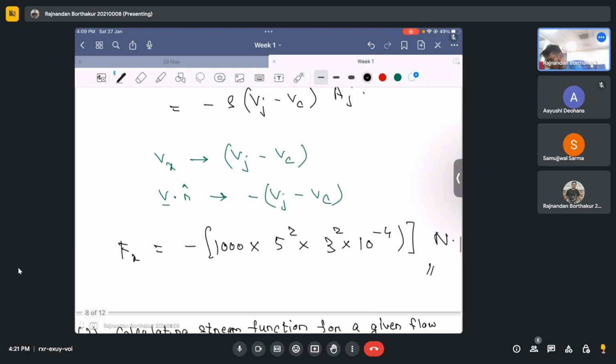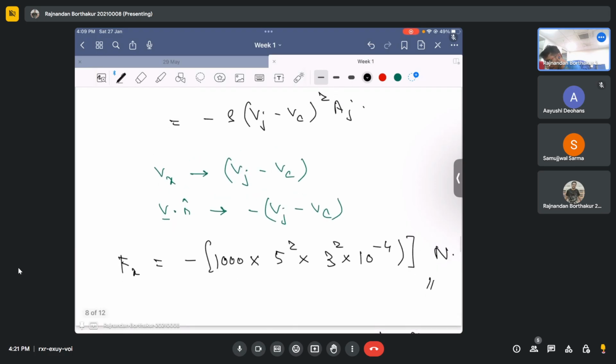So you can work this sum, and you can evaluate what is the net force that is being exerted, in Newton, of course.